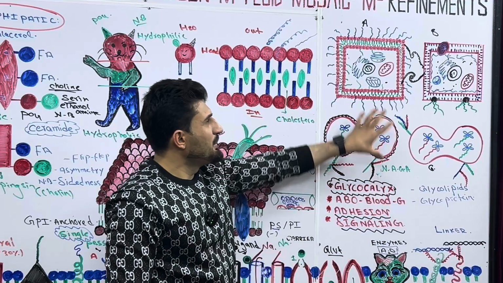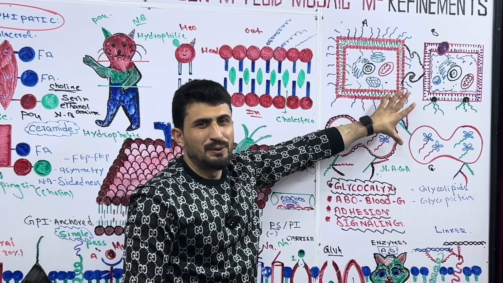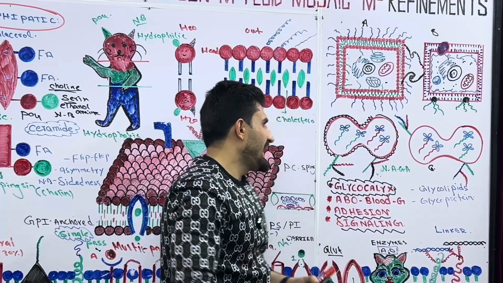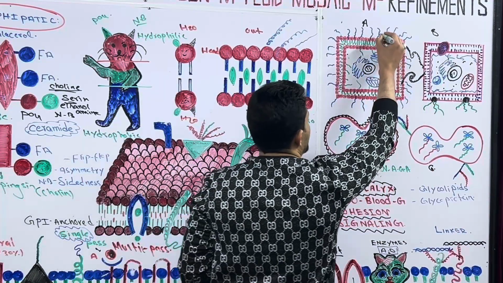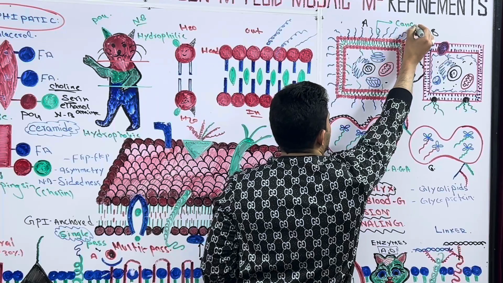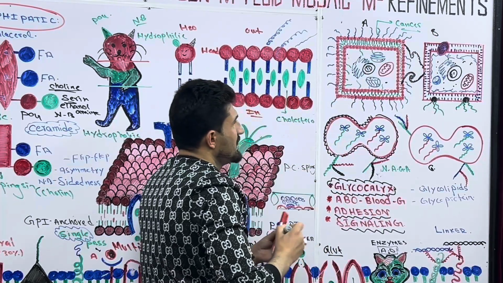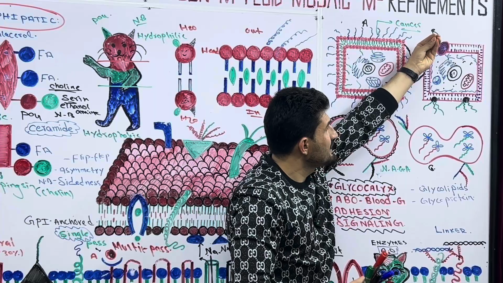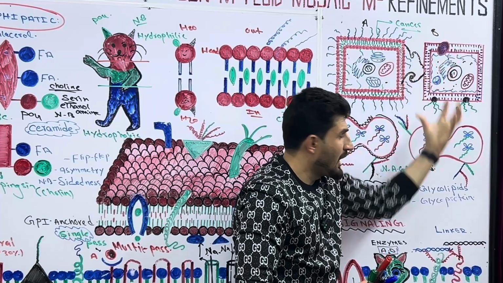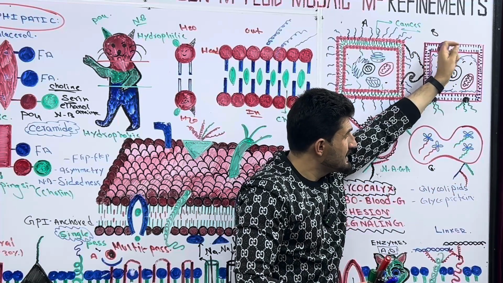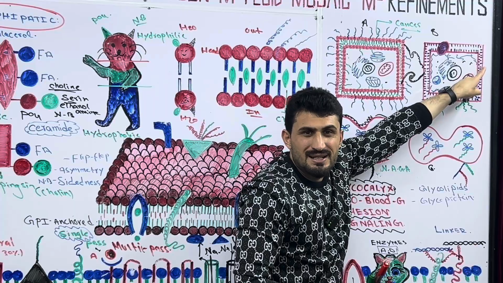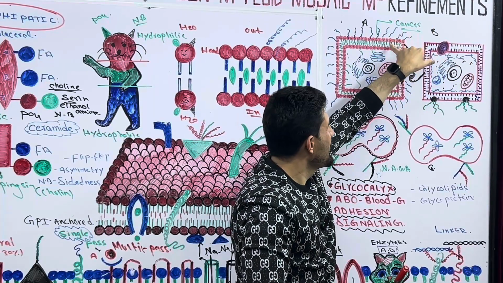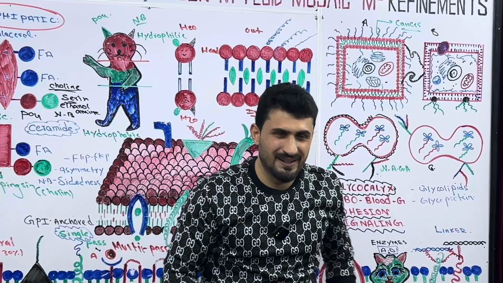And also carbohydrates have a role in immunity, okay? For example, when a normal cell is turning into a cancer cell, this carcinogenic cell will produce some different types of carbohydrates and give signals to our immune system that this cell is destroyed or this cell is not normal, okay?